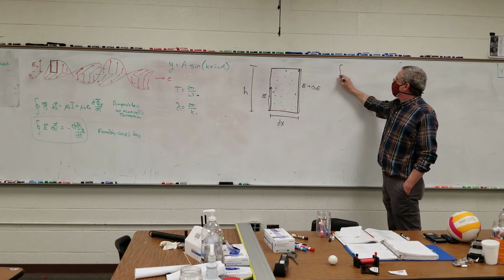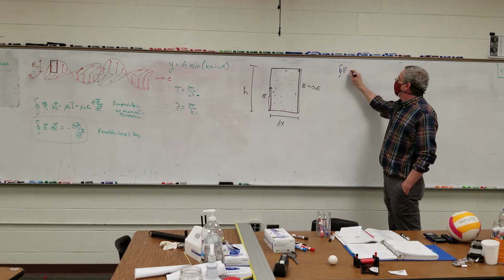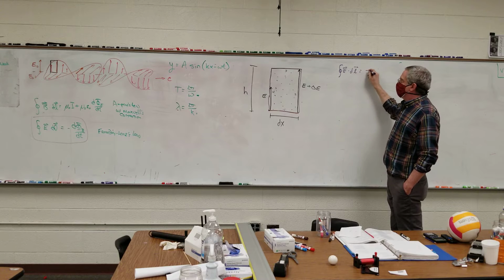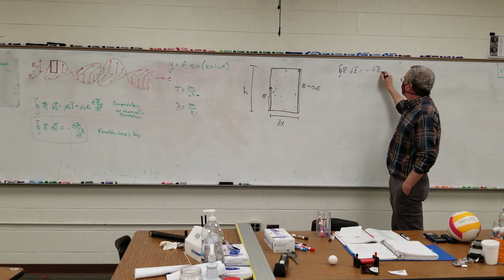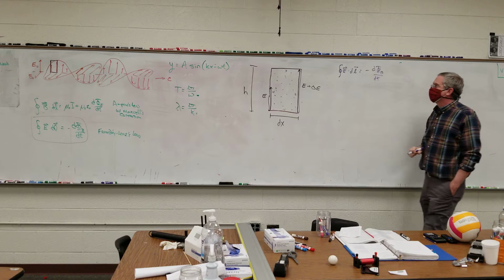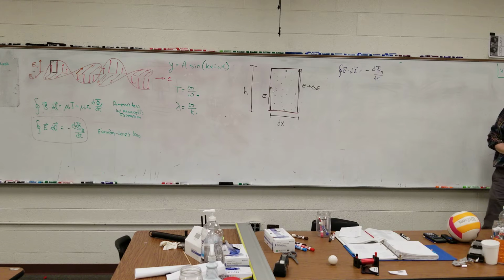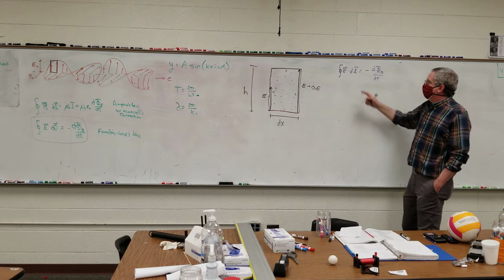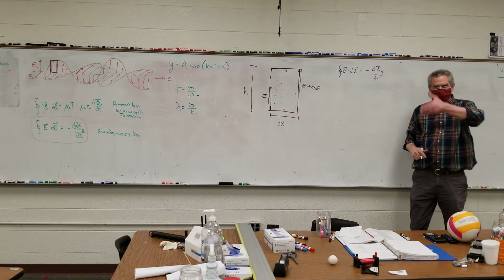So let's start from the basics there. I have the closed line integral of E dot dl equals negative d phi B dt. A line integral means I'm doing an integral along each of these paths.